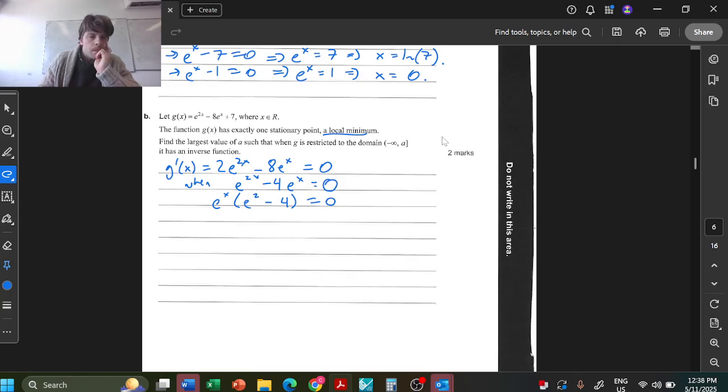All right. Does that make sense? E to the x. No, that's not right. E to the x minus thing. Well, e squared is not equal to 4. So how did I do this before?